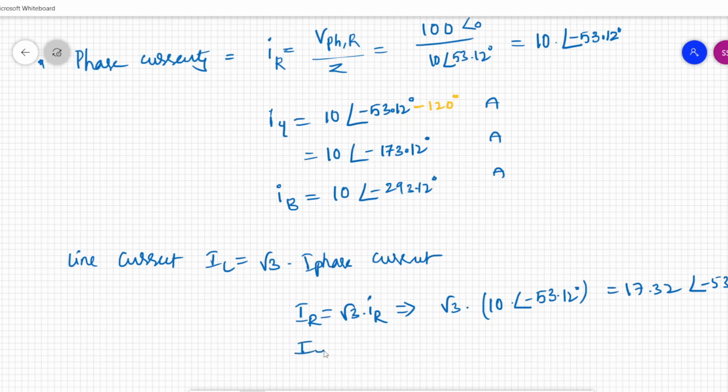Similarly, IY will be 17.32 at an angle of minus 173.12 degrees, and finally IB equals 17.32 at an angle of minus 293.12 degrees amperes. So these are line currents. Okay, so this is about star and delta networks.